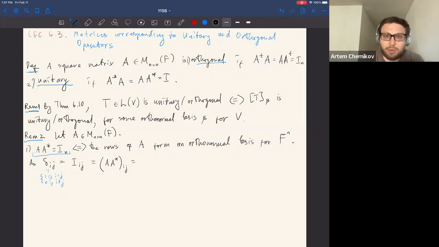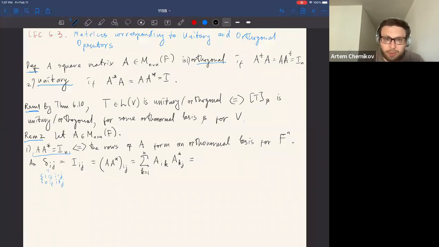Now, if we spell out the corresponding entry of the product, this is the same as the sum over all k from 1 to n of the entry a_ik of the matrix A, times the corresponding entry of the matrix A star. So here it should be kj, right? Just unpacking the definition of the product of matrices.